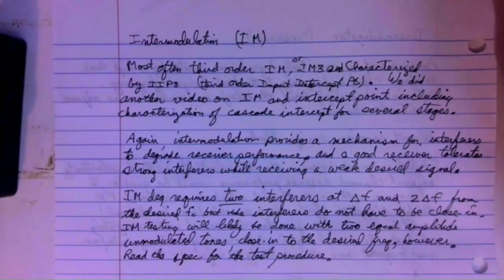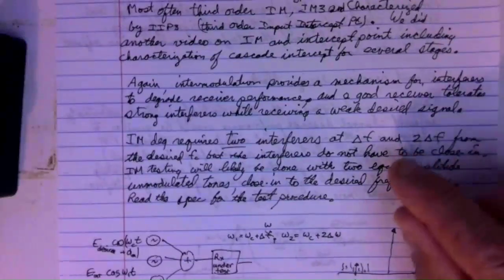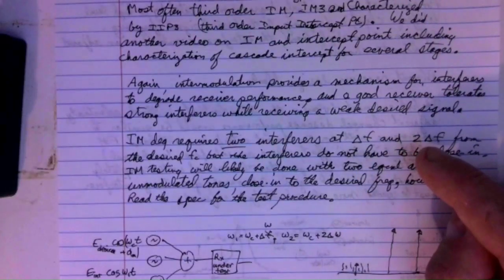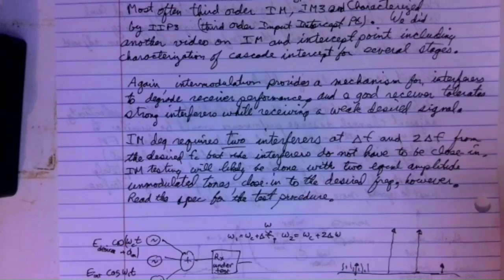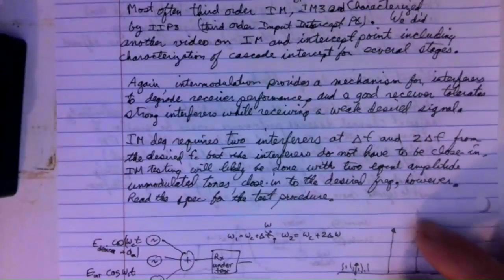For instance, with a broadcast FM receiver, you could have an interferer on the adjacent and one on the alternate channel, or you could have one 1 megahertz away and another 2 megahertz away. That would also IM, or one 25 megahertz away and the other 50 megahertz away, and still IM and cause problems.